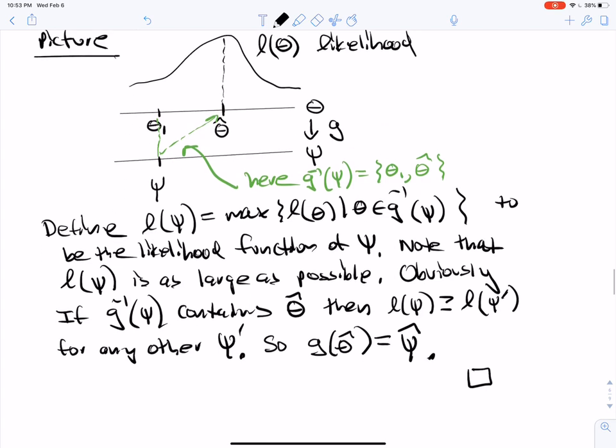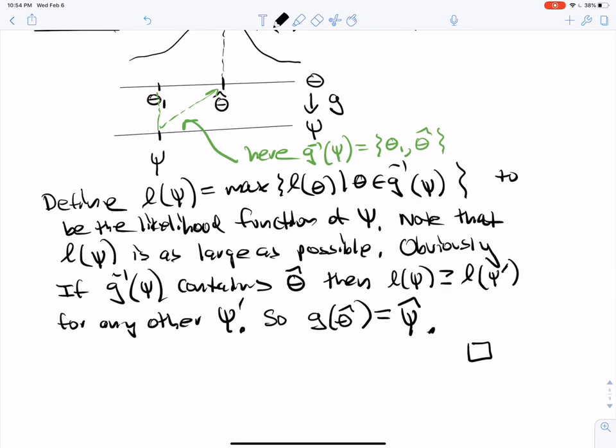Now notice that L of phi is as large as possible.